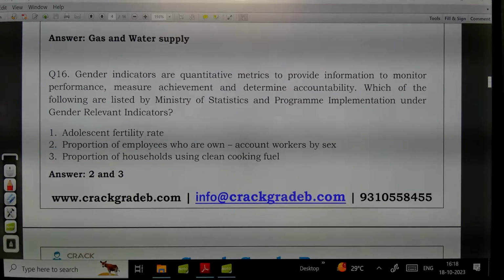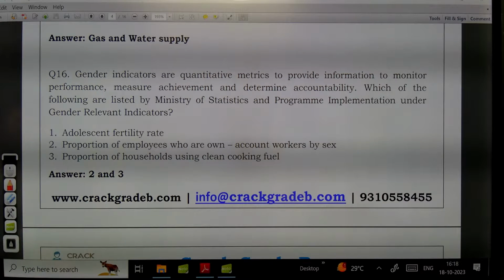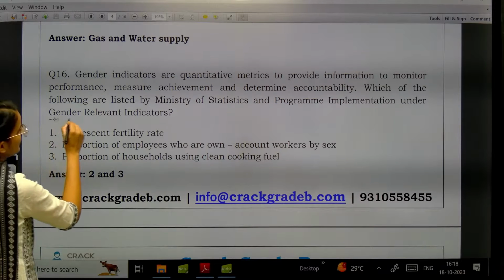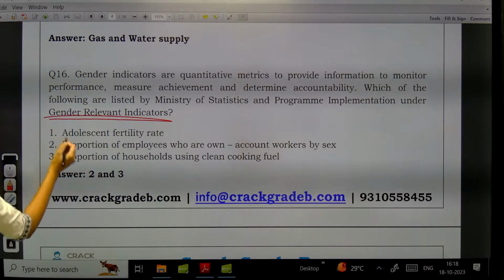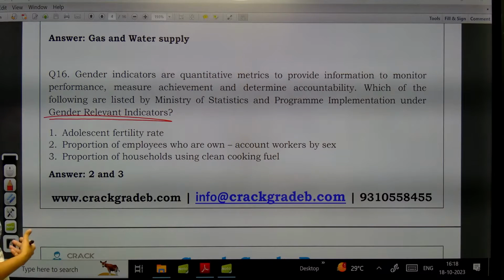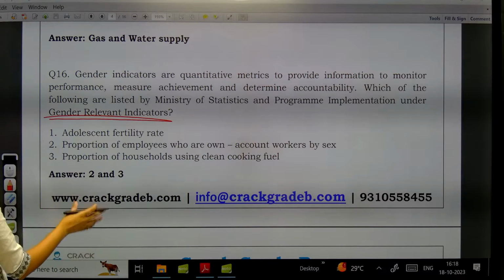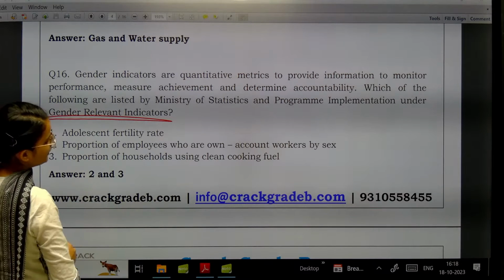Okay, next question. Gender indicators are quantitative metrics to provide information to monitor performance, measure achievement and determine accountability. Which of the following are listed by Ministry of Statistics and Program Implementation under gender relevant indicators? These options were given: adolescent fertility rate, proportion of employees who are own account workers by sex, and proportion of households using clean cooking fuel.